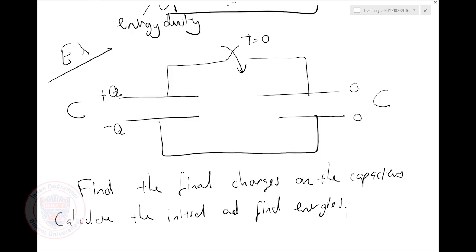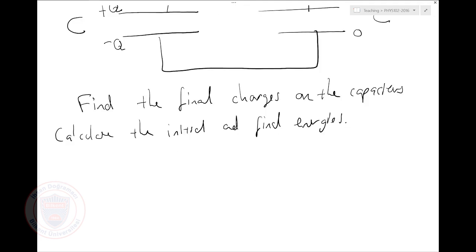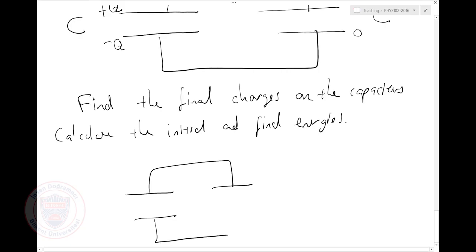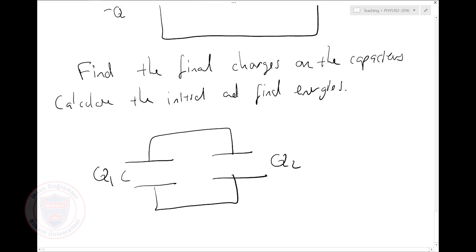Good. So let's try to find the final situation. In the final situation, let's say that this is Q1 and this is Q2, and both have capacitance C. What's the condition for equilibrium? The potentials of both capacitors must be the same.